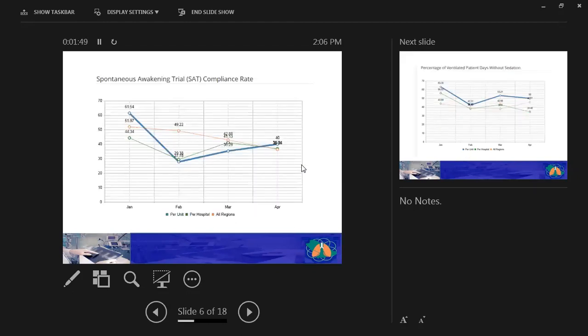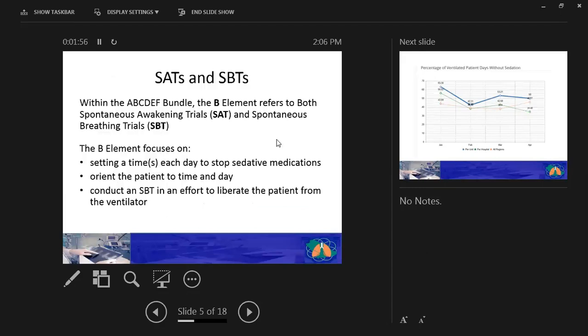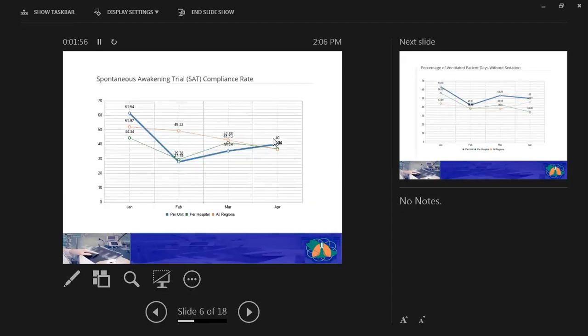So this is data from the NESM website, and I want you to look at this data carefully. This graph is for spontaneous awakening trial compliance. The orange line reflects all the participating ICUs in the NESM project. So for spontaneous awakening trial in our ICU patients, we are doing it only around 50% of the time.